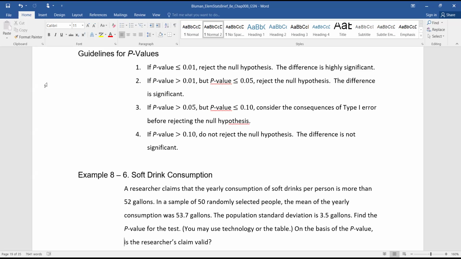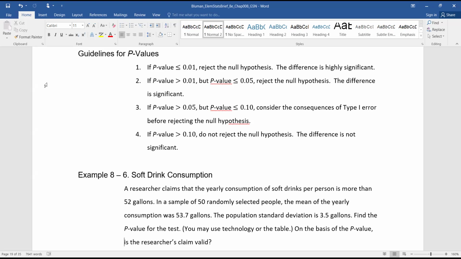It's just significant. If the p-value falls between 0.05 and 0.10, we'll consider the consequences of a type 1 error before rejecting it. Depending on how close we are, we need to debate: are we okay with being under 10%, or do we want it to be under 5%? Then we have to debate whether we're going to reject it.